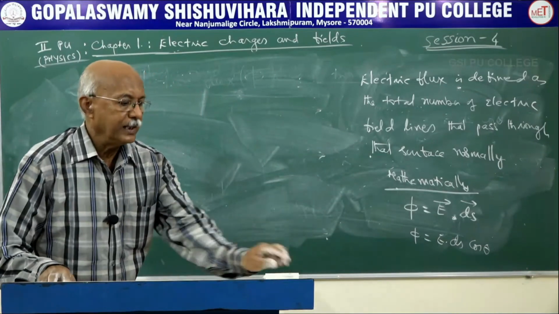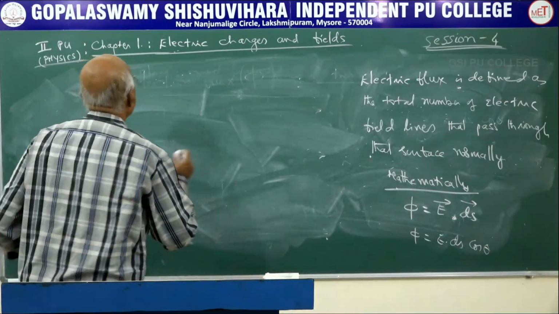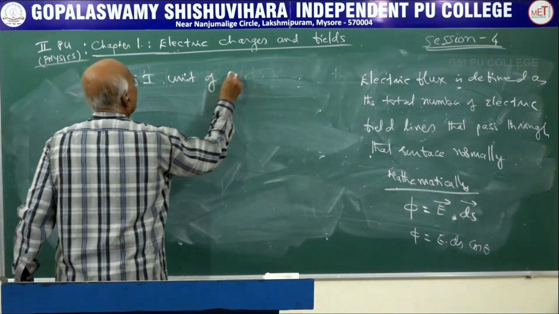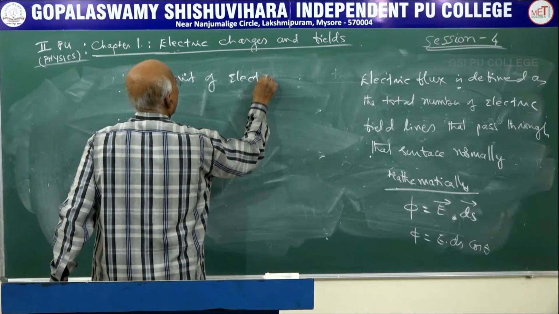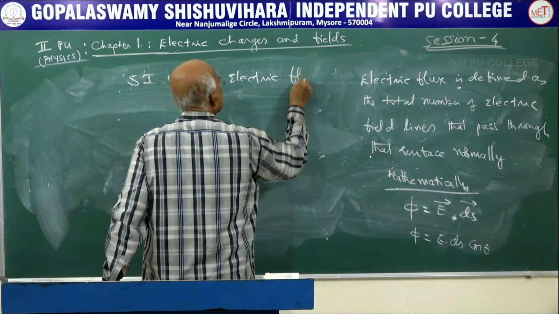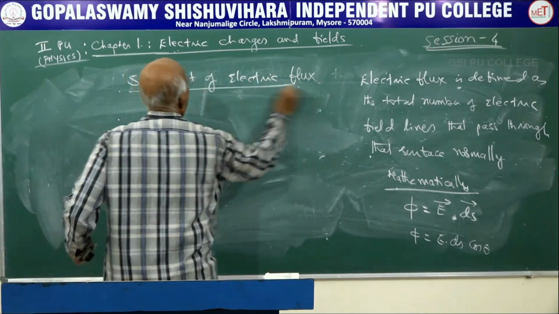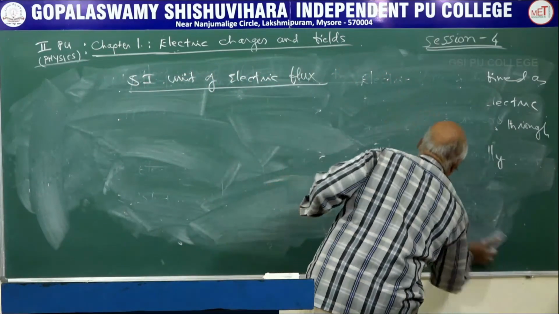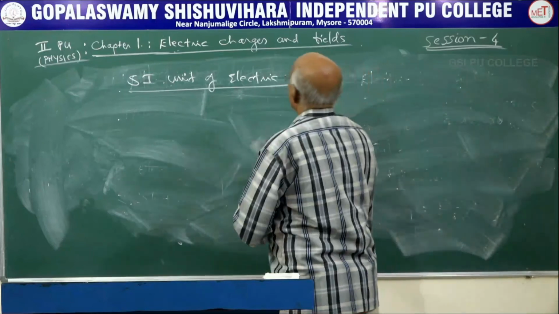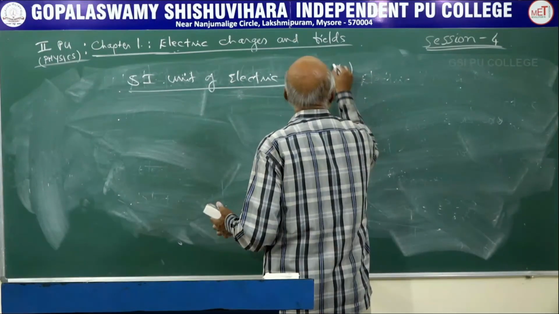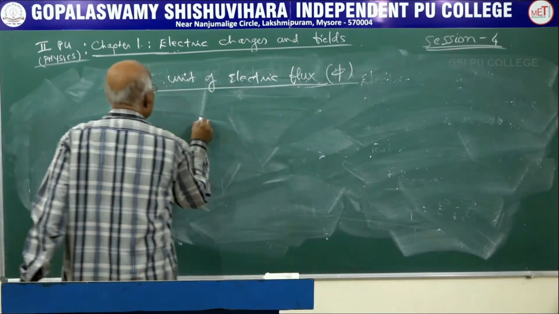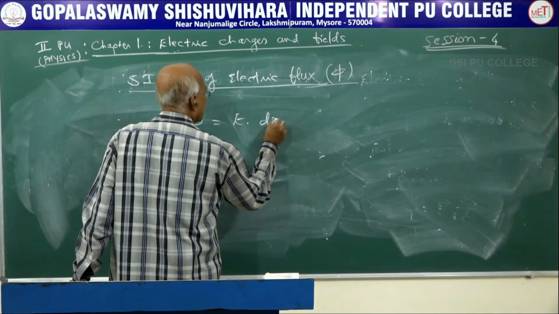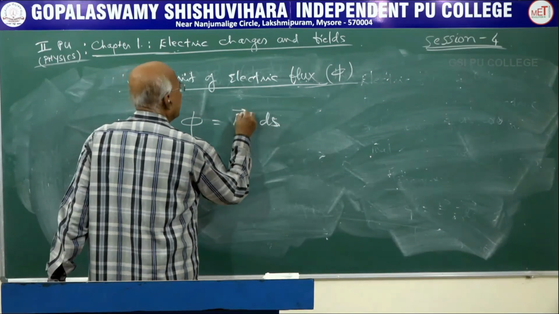Now we will write the SI unit of electric flux. We have written that flux is equal to E dot ds.